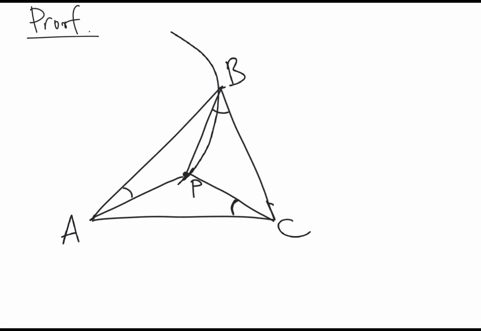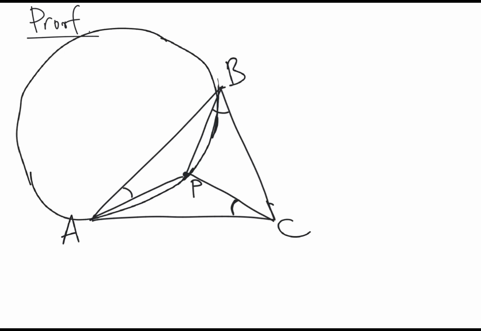Well, we don't even need to prove it, it's kind of obvious. This circumcircle is tangent to the line BC, because this angle is equal to this angle. So the angle BAP is equal to the angle PBC.